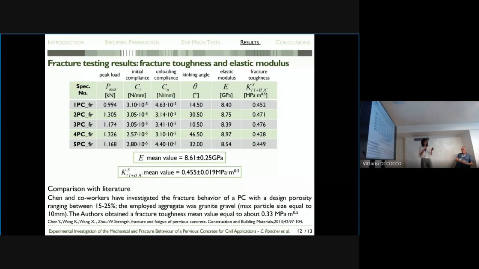And the employed aggregate was a granite gravel with a maximum particle size equal to 10 millimeters. The authors obtained a fracture toughness mean value equal to about 0.33 megapascal times meters to the power of 0.5, which is in line with that obtained in the present research work.